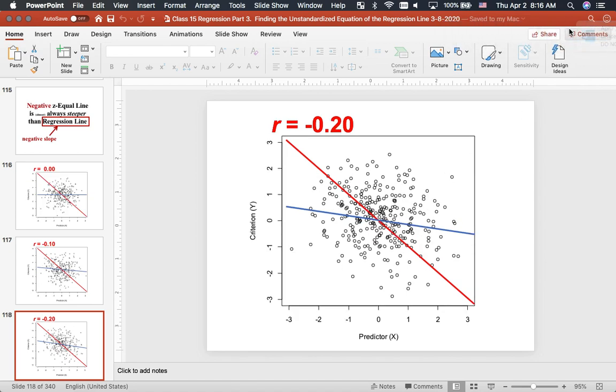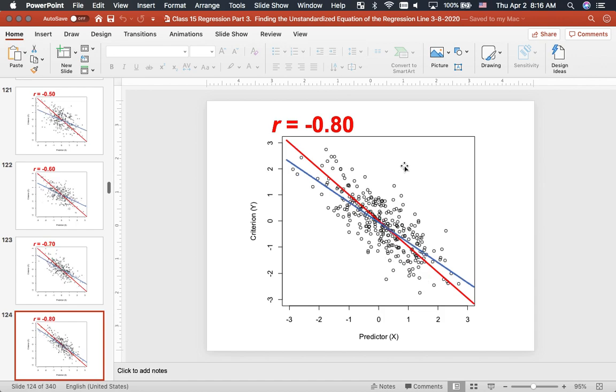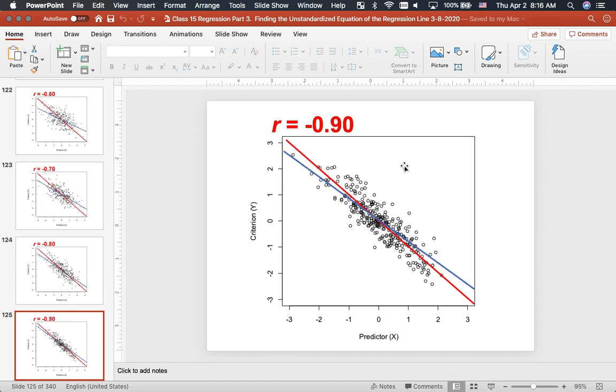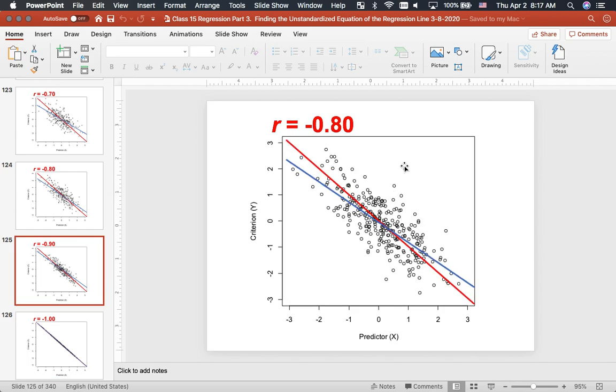So let's go there. You can see as r decreases and approaches -1, the regression line gets closer and closer to the slope of the negative z equals line. And only when r equals -1 are they the same slope.